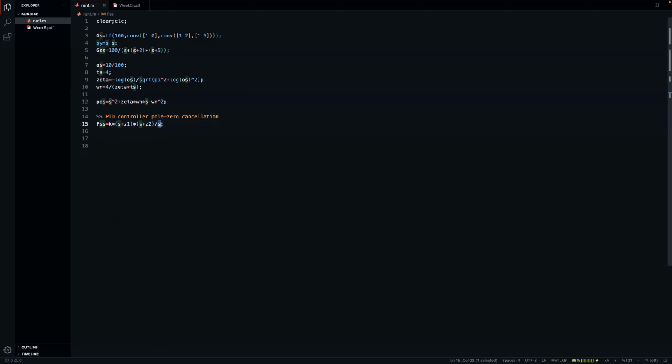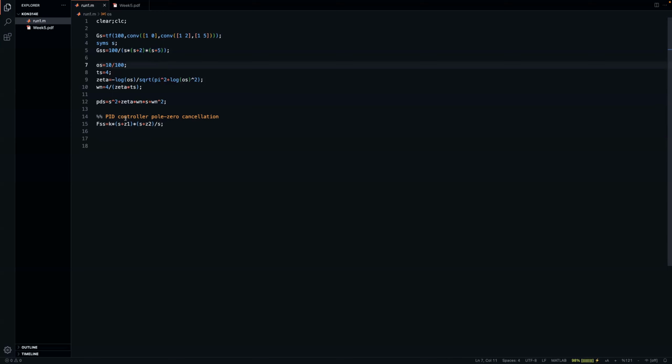So that is important. It means that we are trying to add some zeros to get rid of some poles of the original system, of the plant. So our candidates are S at the origin, S equals -2 and S equals -5. So I can choose Z1 or Z2 so that one of these three different poles can be canceled. So that's what pole zero cancellation is.